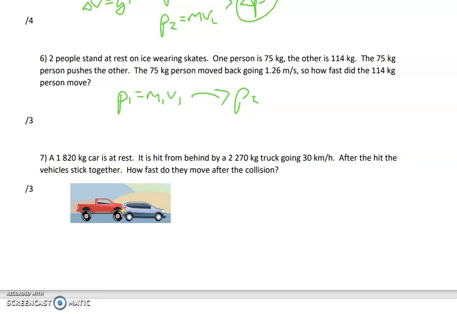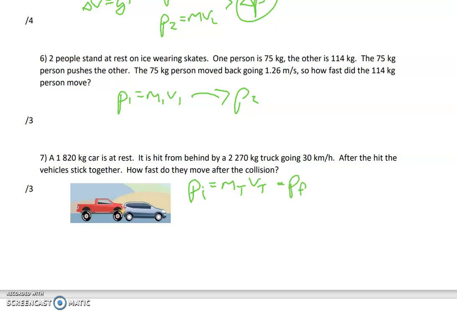All right, and next, got a little collision question. First of all, I see the 30 kilometers an hour. I'd want to change that to meters per second, and then we can figure things out. Of course, momentum before has to be equal to momentum afterwards. So I can find my initial momentum by using the mass of the truck and the v of the truck to find out how much to start with. I know this has to be equal to my final momentum.